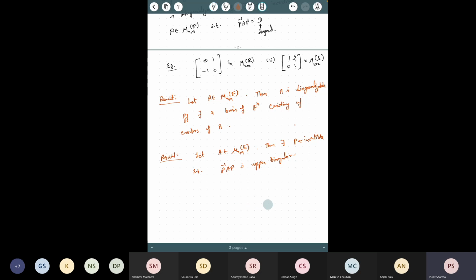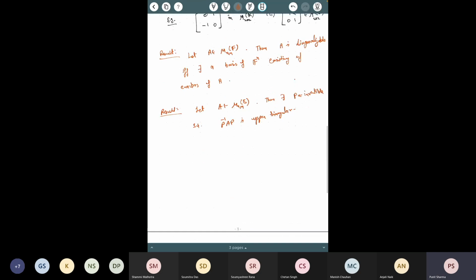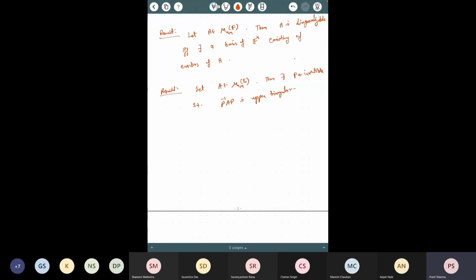That means it gives you a partition of the set of all matrices. Every equivalence relation partitions the set into disjoint equivalence classes.